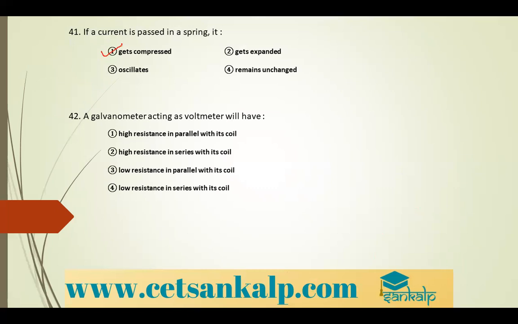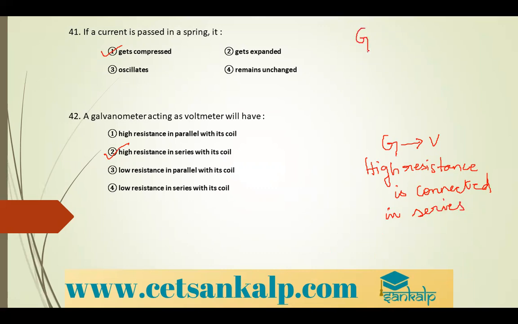Right, next one. A galvanometer acting as a voltmeter will have high resistance in series with its coil. ಯಾಕಂದ್ರೆ ಅದನ್ನ ನೆನಪಿಟ್ಕೊಳ್ಳಿ. So if the galvanometer is converted to voltmeter, a high resistance is connected in series.